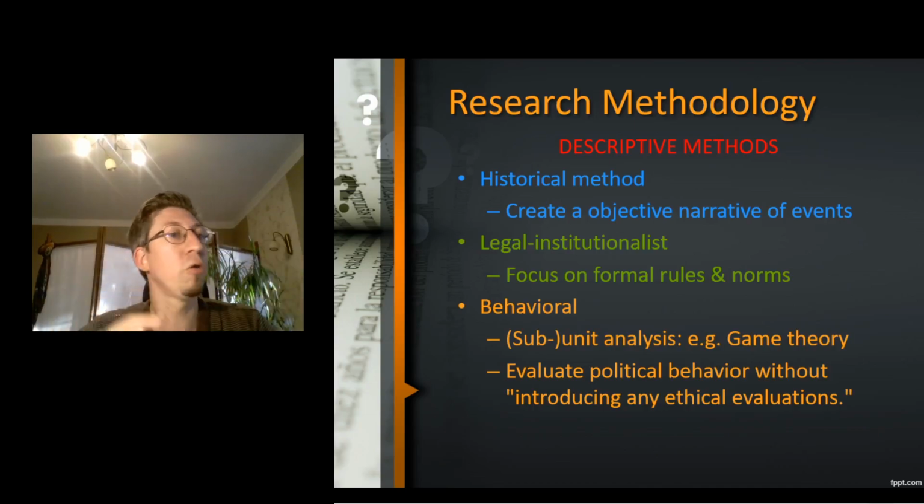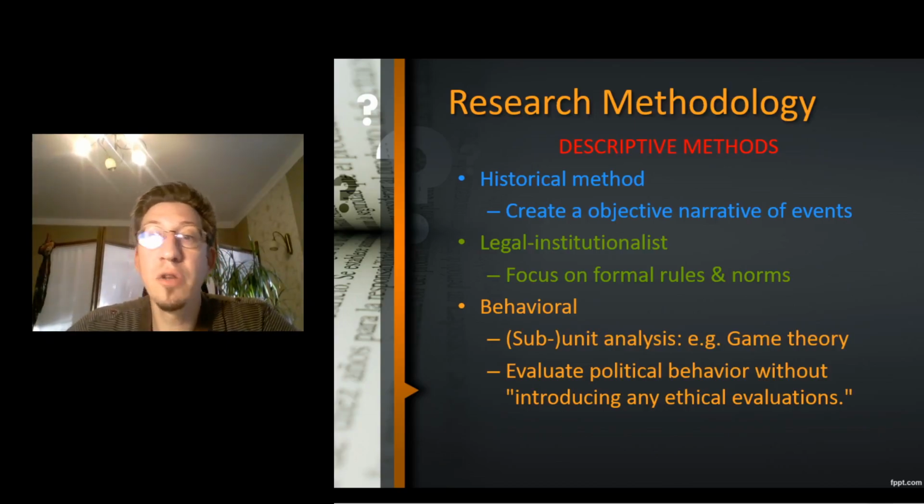And they always will say, okay, we're biased in the way we see things. We cannot see things with the same eyes as the people did at the time. But the effort is to create an objective narrative of events as they happened, so we can draw more neutral conclusions from them and reinterpret these phenomena within their historical time frame more objectively. That would be a historical method.